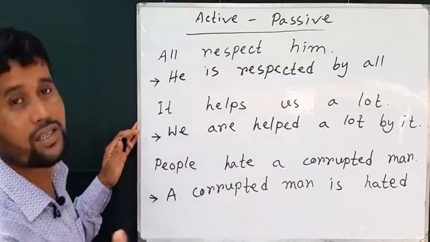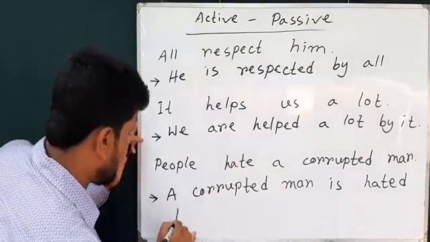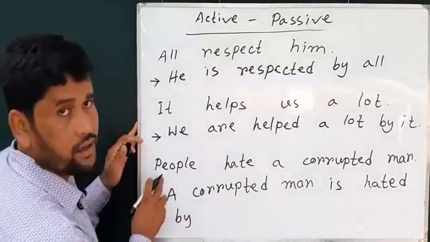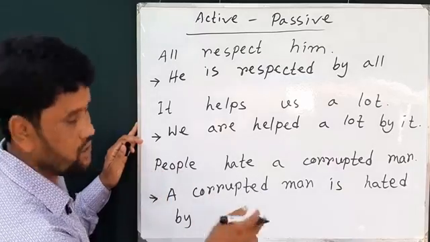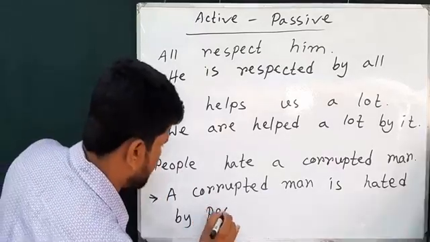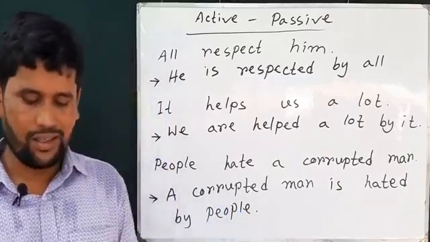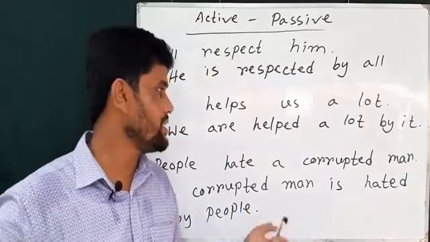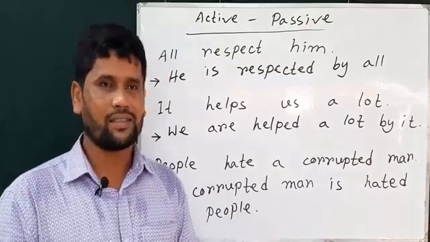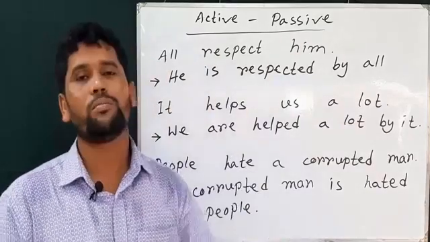Then there is no extension, we can use by, then turn the subject into object, people. So in this way we can change any assertive sentence from active to passive.